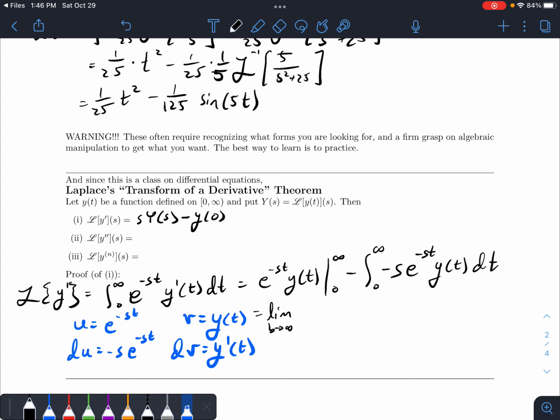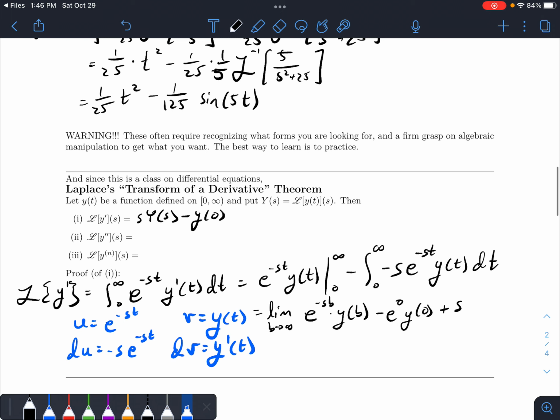So this term right here is really the limit as b goes to infinity of e to the negative s times b times y of b minus e to the, plugging in 0 now, y of 0. Over here, these negatives cancel out, and I can also factor out this s.